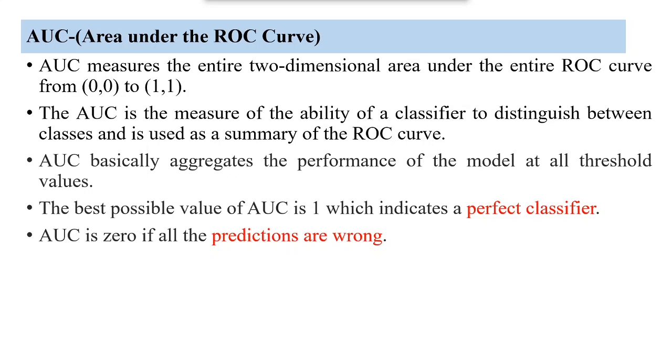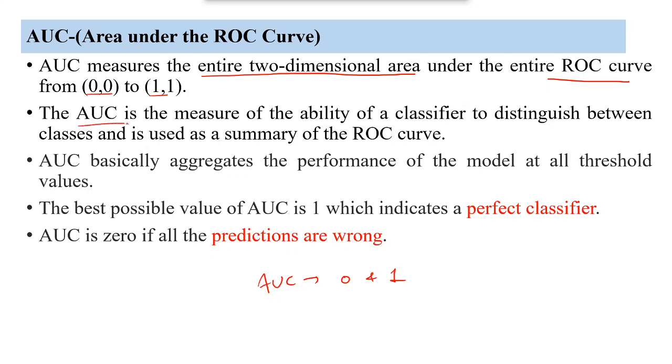Now AUC means area under the curve. AUC measures the entire two-dimensional area under the ROC curve, from (0, 0) to (1, 1).